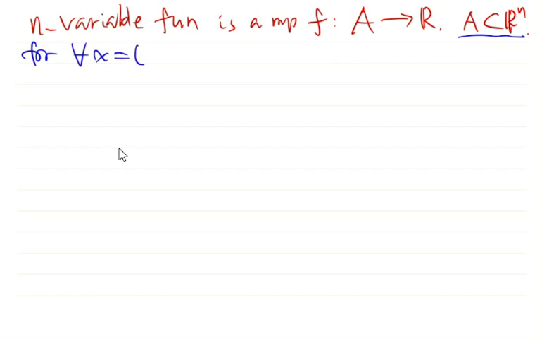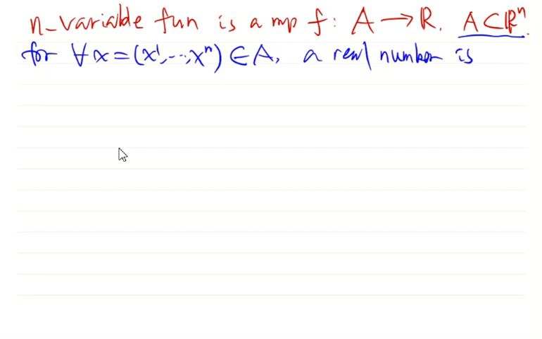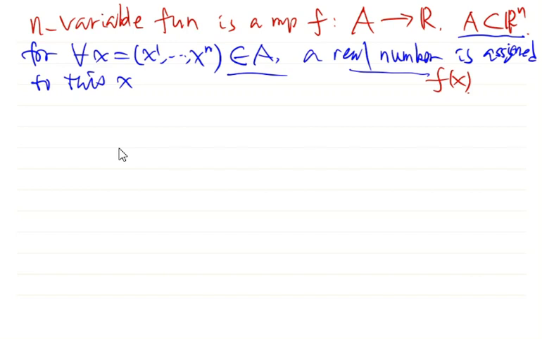So this x can be denoted by x1, ..., xn. For every x in A, a real number is assigned to this x. Of course, for different x in the set A, the real number is different. So this real number depends on x, and we denote it by f(x). This is the value of the function f at the point x.